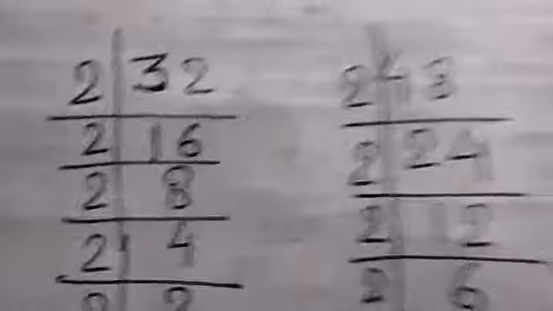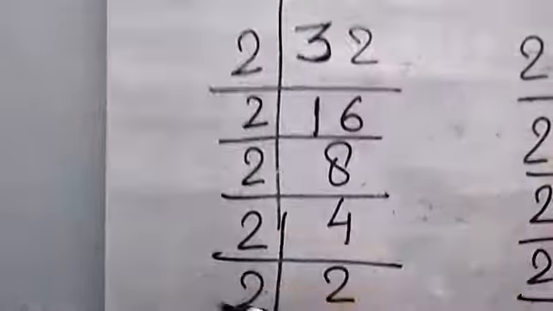So student, we list all the factors of 32 and 48. Factor of 32 is equal to, we write all these factors, 2, how many times 2? 1, 2, 3, 4, 5 times.